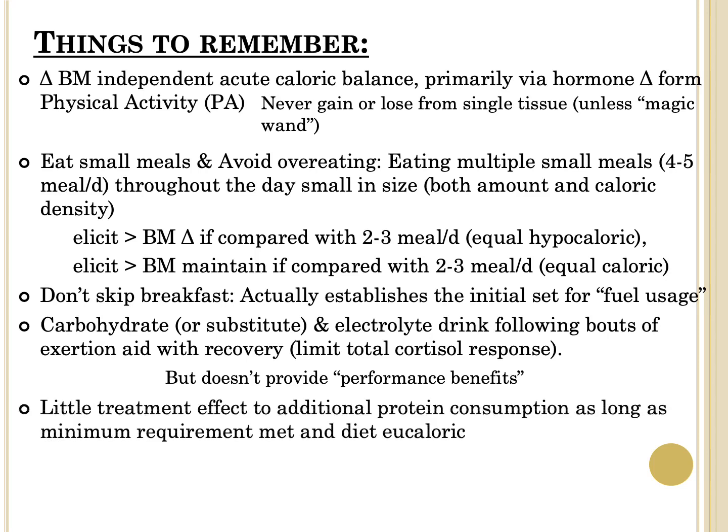There is little treatment effect to additional protein consumption as long as protein consumption meets the minimum requirements, where you're going to want to consume somewhere between about 1.8 and 2.5 grams per kilogram of body mass for people who are in a hypocaloric state, and around 1.4 to 1.6 grams per kilogram of body mass for people who are in a eucaloric state.